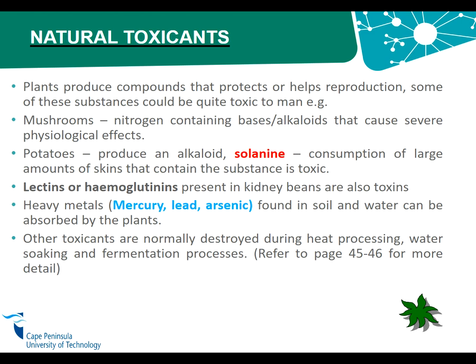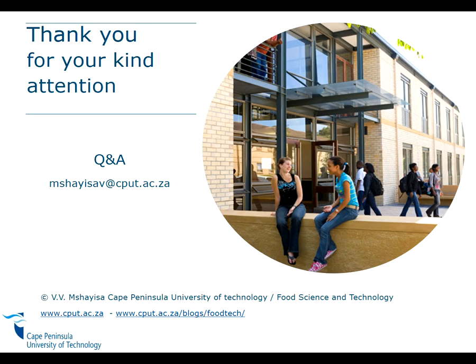Hydrogenation can be used to convert vegetable oils to fats at room temperature, by adding hydrogen molecules to unsaturated or polyunsaturated fat molecules. Then lastly, we spoke about toxicants. Important to note, solanine, which is found in potatoes, and the consumption of this will lead to abdominal pain and diarrhea.